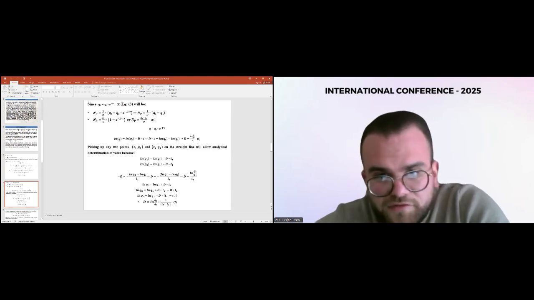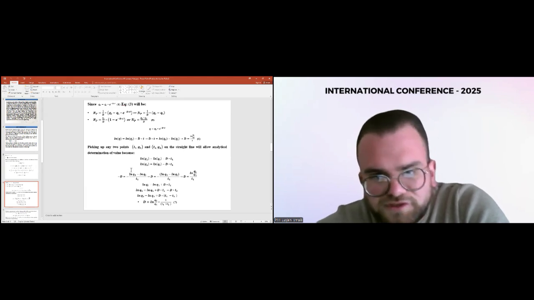Another method in this case is to take into consideration 2 points, t1 q1 and t2 q2, on a straight line.